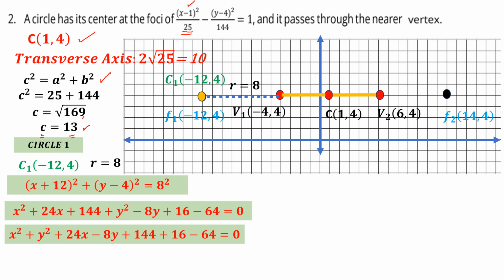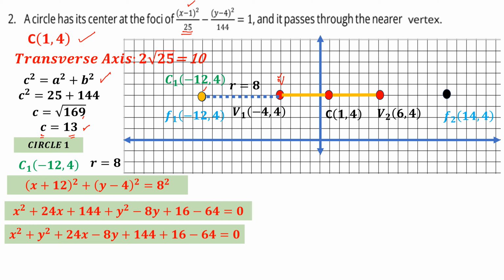And each circle will pass through the nearer vertex. So if this will be our first center, we have to see to it that our circle will be passing through this nearer vertex. So the left circle will pass through this nearer vertex.